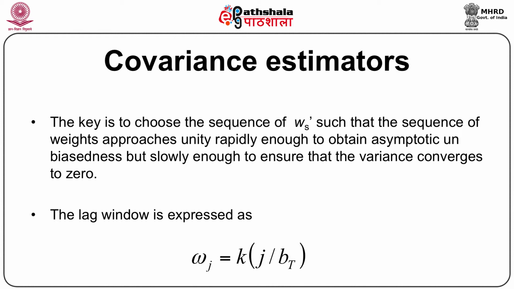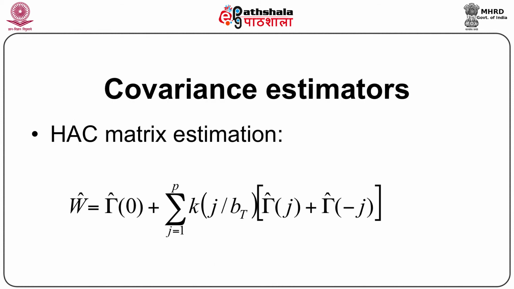The lag window is expressed as Wj equal to k of j by Bt. And using this concept, you can get the heteroscedastic and autocorrelated consistent matrix, that is the HAC matrix representation, which is equal to W hat, which is gamma hat 0 plus the sum over j running from 1 to p of k of j by Bt multiplied by gamma j plus gamma minus j.